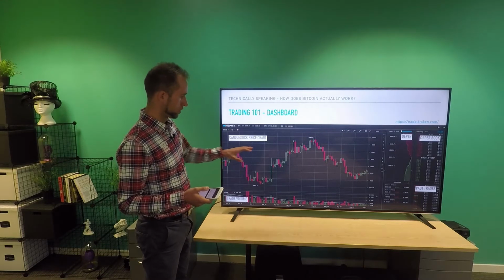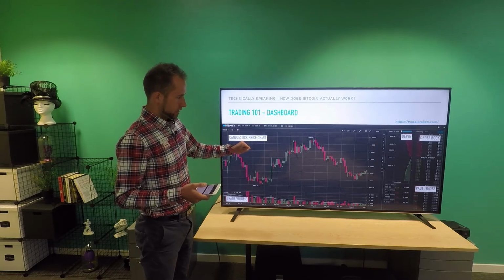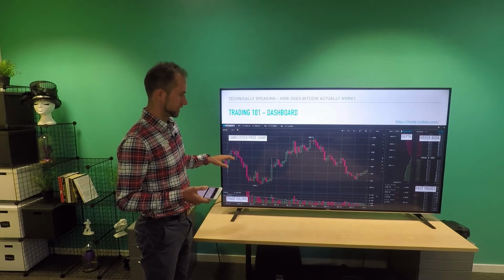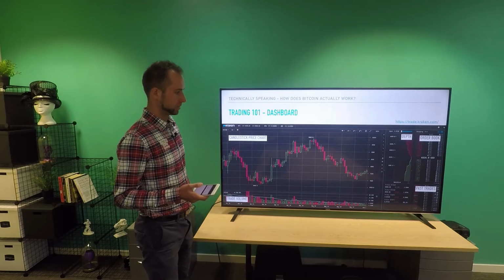Now, the price chart shows you the history of the price of the asset, and it can be displayed in many different ways.